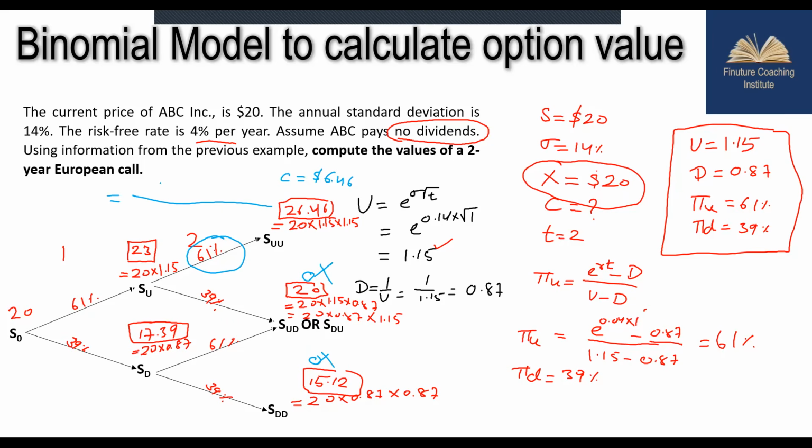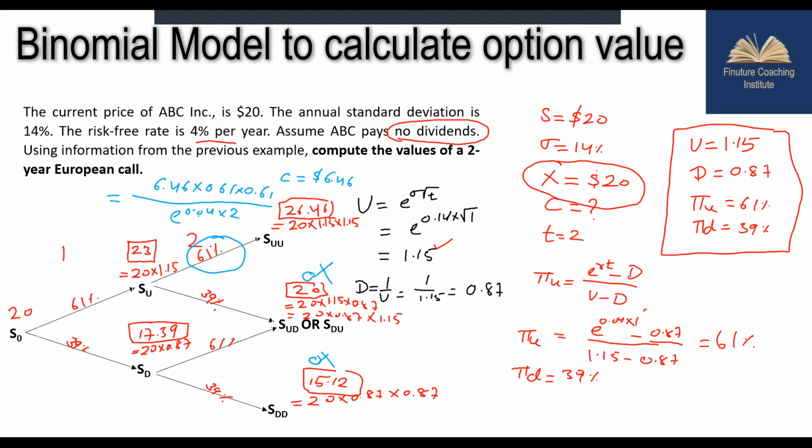So your call option price would be 6.46 into 0.61 into 0.61 divided by e to the power 0.04 into 2. We are discounting it at a rate of 4% back to 0 from 2 years.